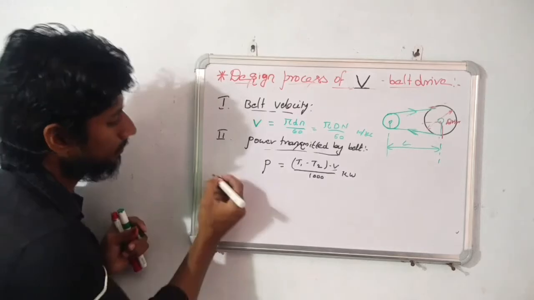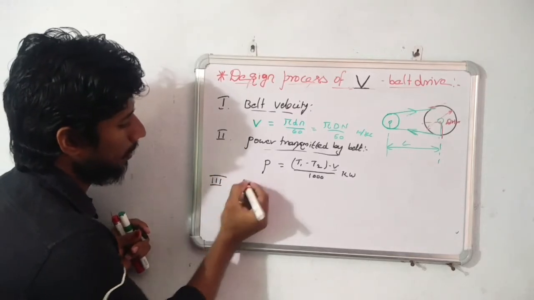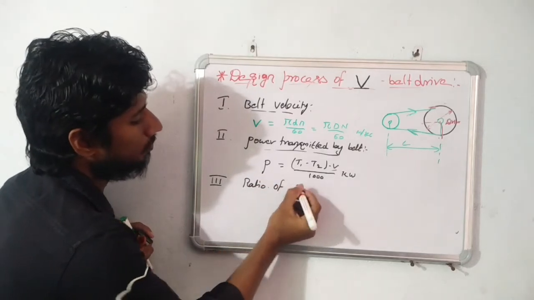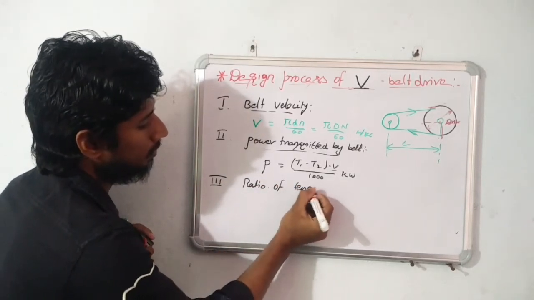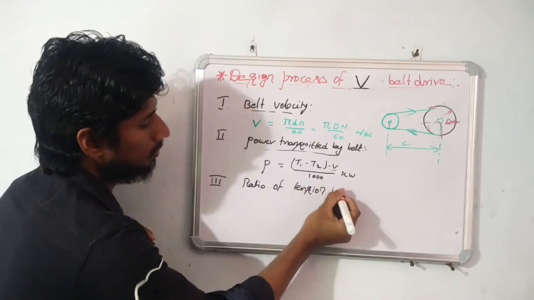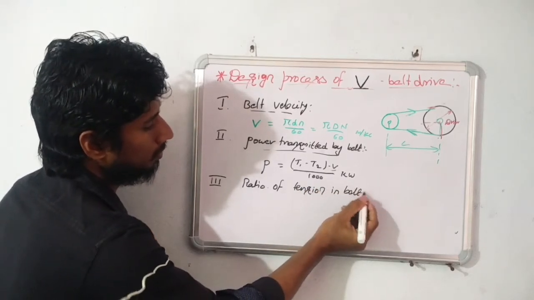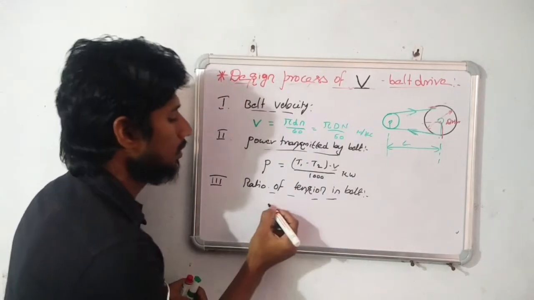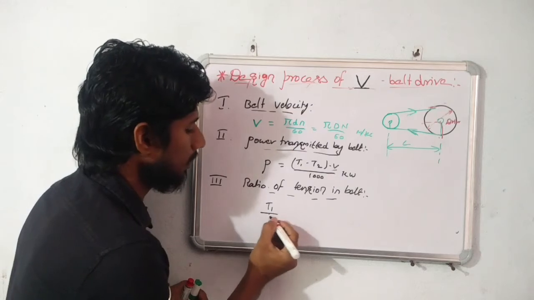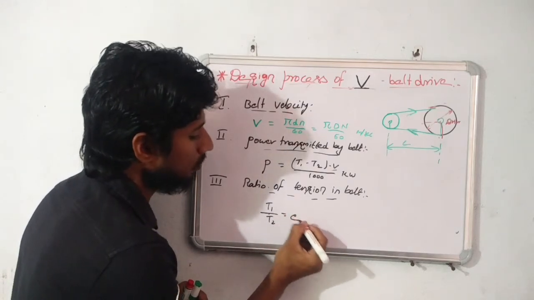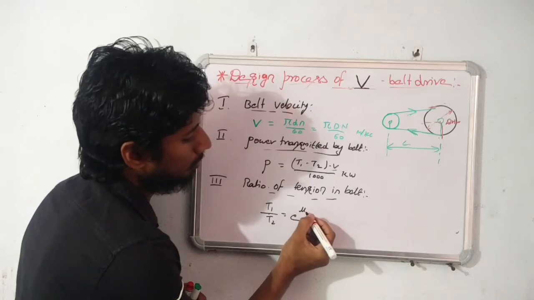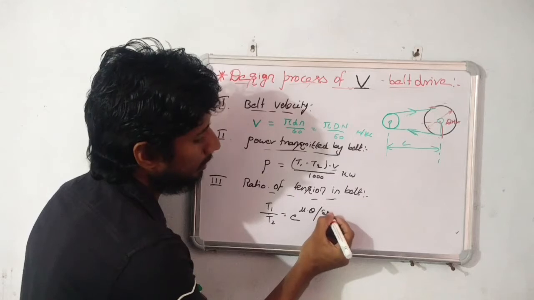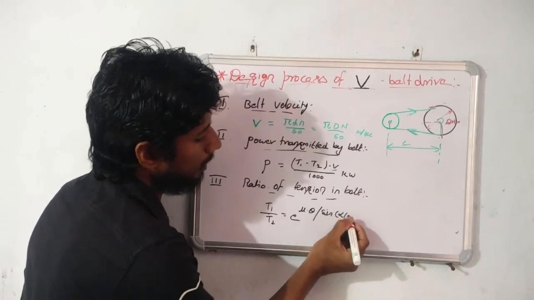Go to the next one. Ratio of tension in belt. It is the third step here. This is T1 by T2, that is equal to e power mu into theta divided by sin alpha by 2.